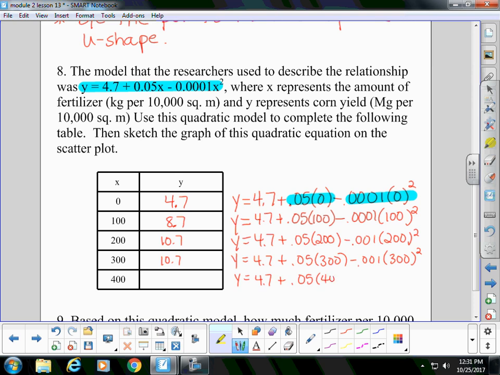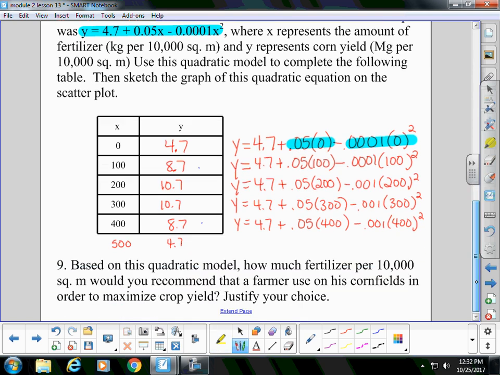There's actually a reason why that comes out to be the same. This one comes out to 8.7, and you'll notice that these two numbers come out to be the same. And if I did 500, it would actually come out to 4.7. And again, there's a reason for that.